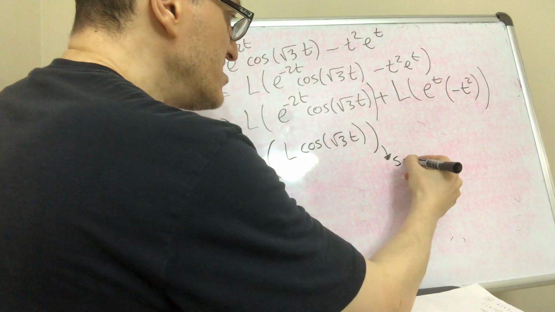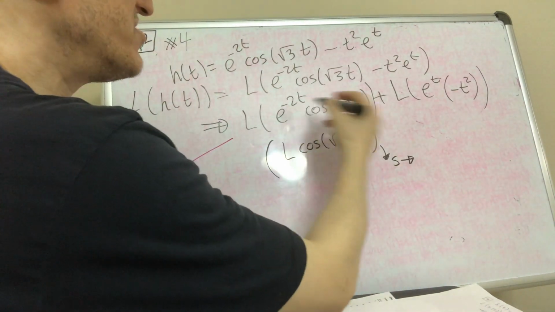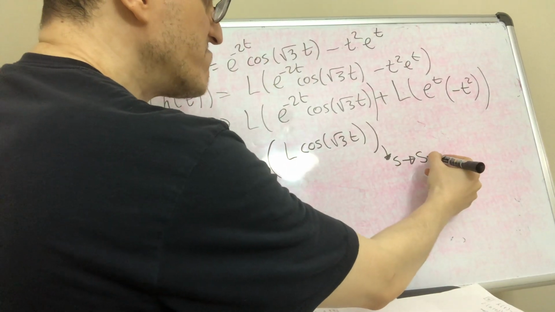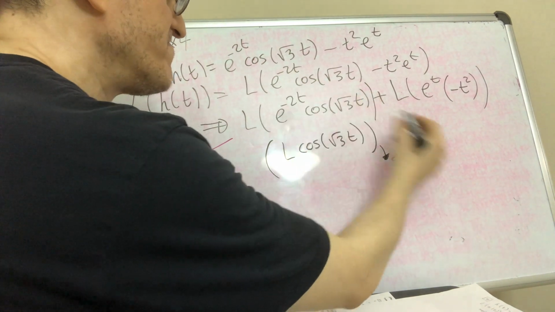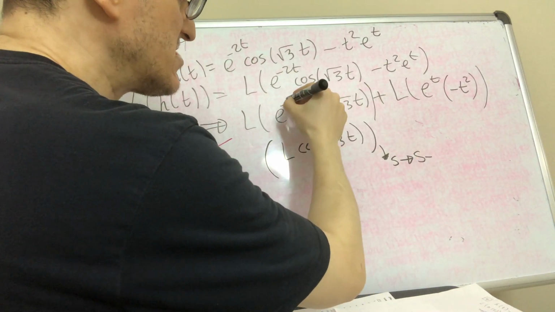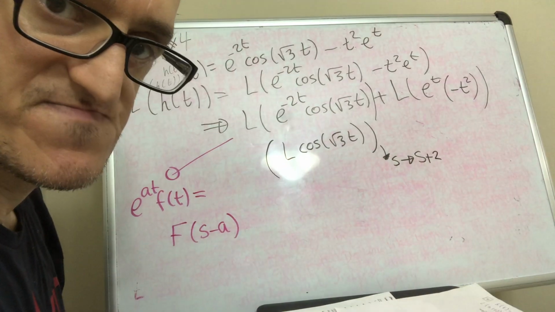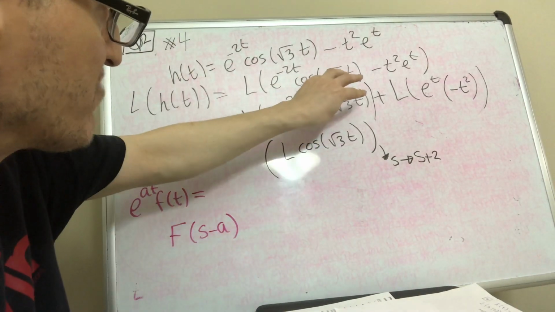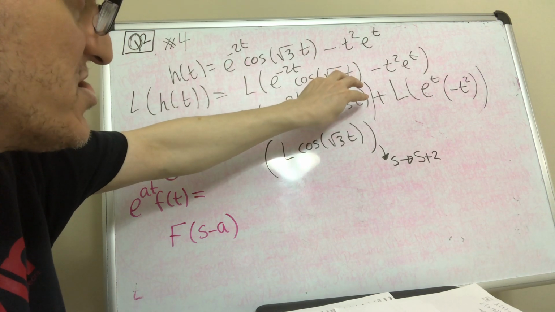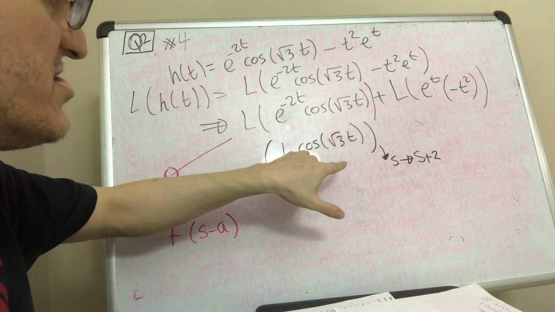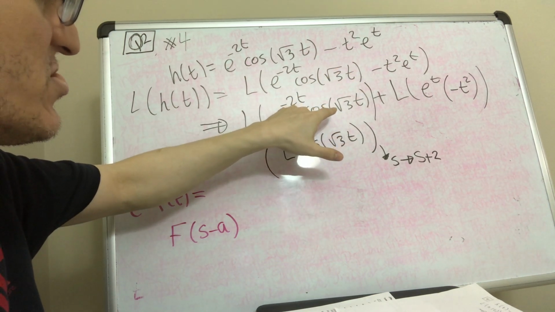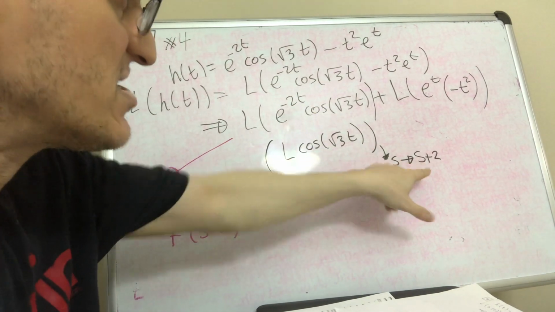The shift would be s should be replaced by s minus a. And since a is minus 2, this would be your shift. So you do the Laplace transformation to the function of t, but you need to shift according to this. So s becomes s plus 2.